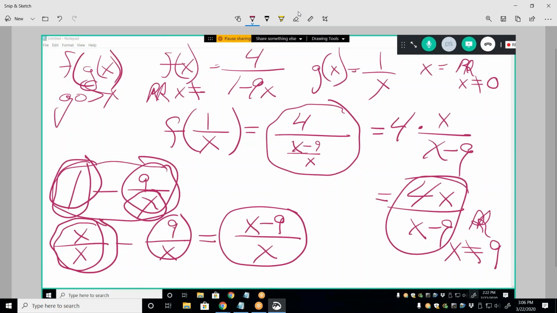Write it out if you need to. Go 1 minus 9x equals 0 in this case, because we're trying to figure out what value of x would make that denominator 0. So 1/9. Okay? So we have a restriction in the f function that x cannot be 1/9. We have a restriction in the g function that x cannot be 0. And we have a restriction in the composite function that x can't be 9.